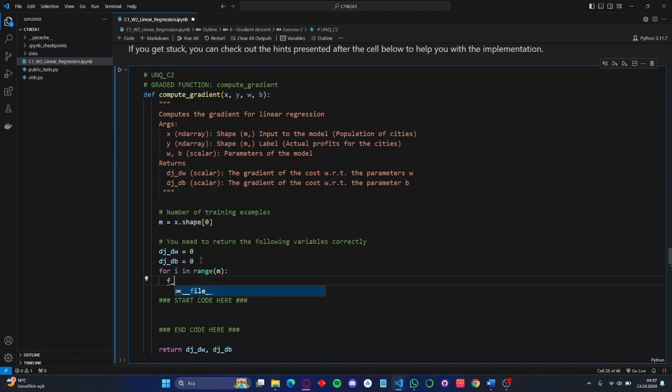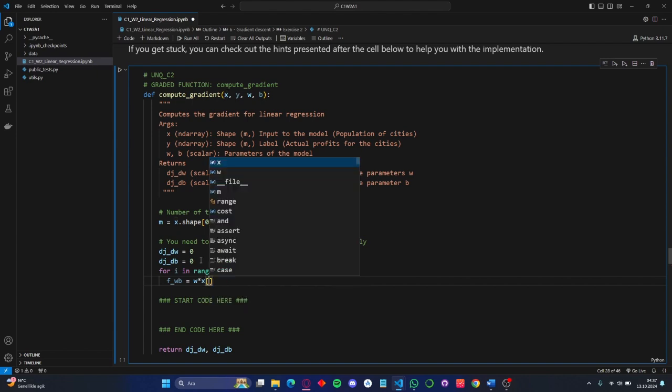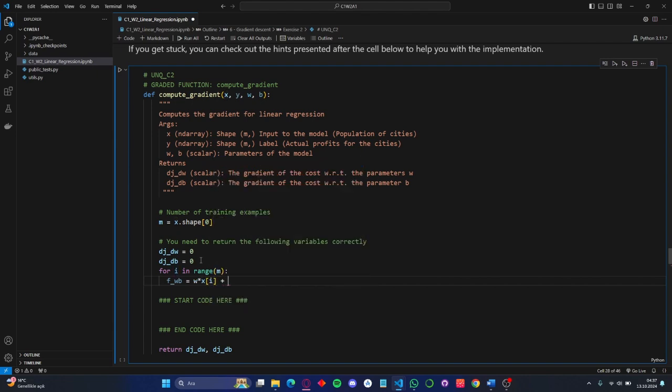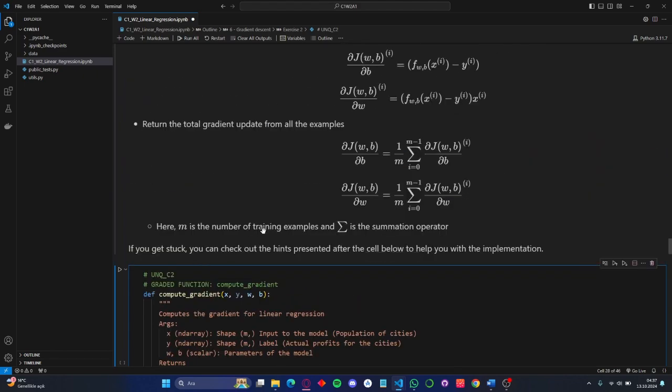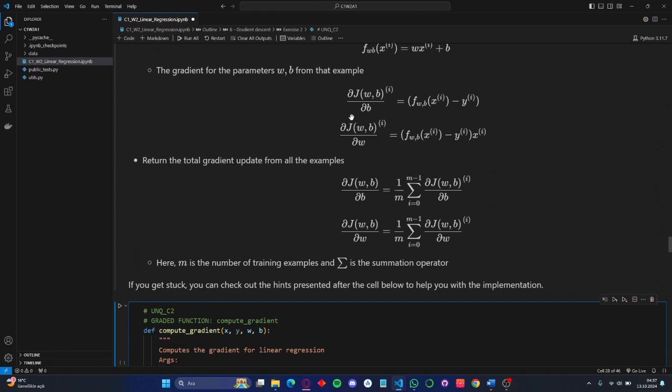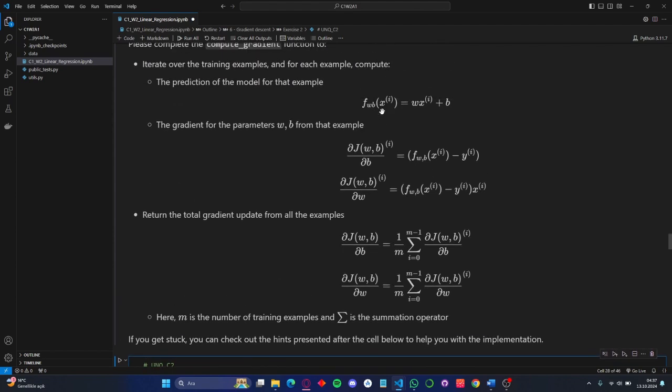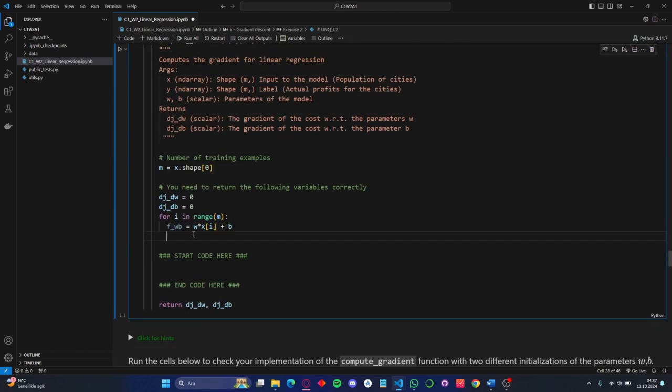First of all, I have to write our regression function again. Now I have to write the derivative of the cost function with respect to b. This is our model function minus y. I will write it like that.